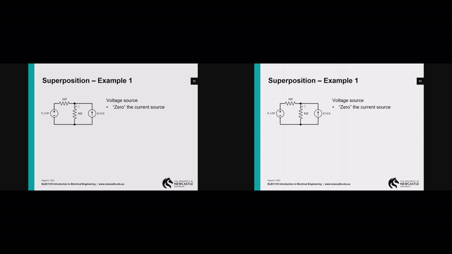So I need to make sure that the current through the current source is zero. If you think intuitively, how can I make sure there is no current going through something? I make it an open circuit. So if I have an independent current source that I want to zero, I just make it an open circuit. I imagine it's just not there.